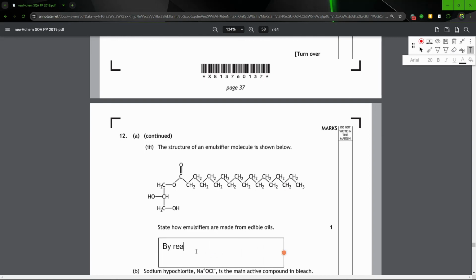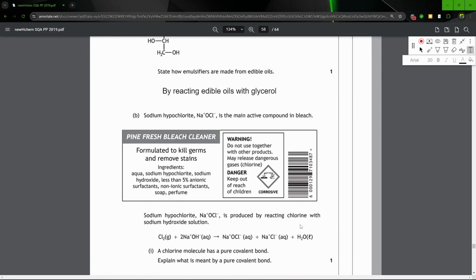So we're just going to say by reacting edible oils with glycerol. There are about a billion different ways you can write glycerol, but there's only one cool way, which is just to do nothing, because we don't like wasting time around here. I believe that will give you the mark.